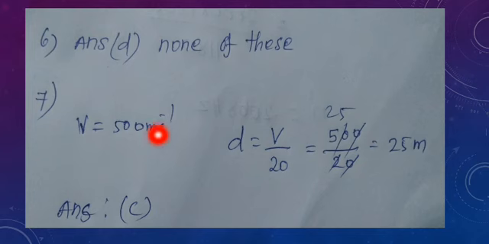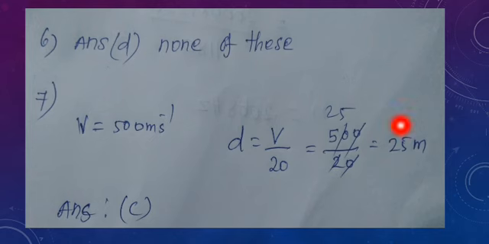V is equal to 500 meter per second. So I'm taking the formula d is equal to v by 20. V divided by 20. So what is the v value here? 500. Therefore 500 divided by 20, I can get 25.